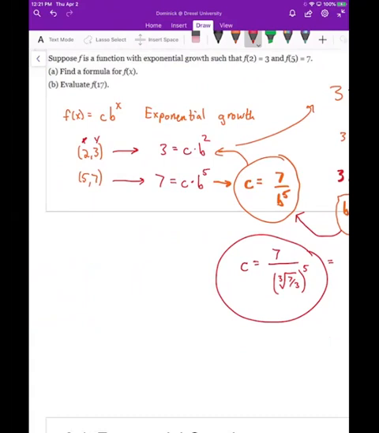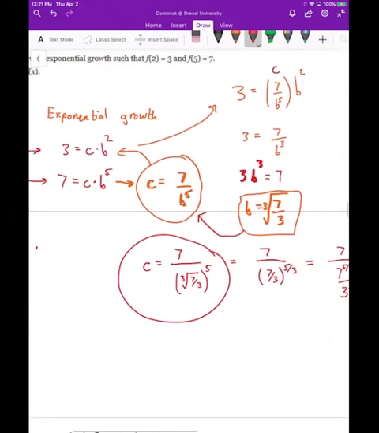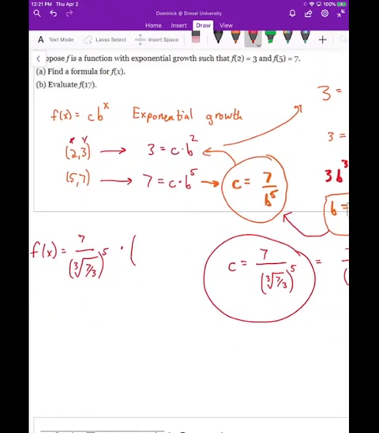So we can say that our formula for this exponential growth is c, and I'm just going to use the original one, 7 over the cube root of 7 over 3 to the 5th, times b, which we said was the cube root of 7 over 3, to the x. All right, so it's an ugly model, but that's our model nonetheless.